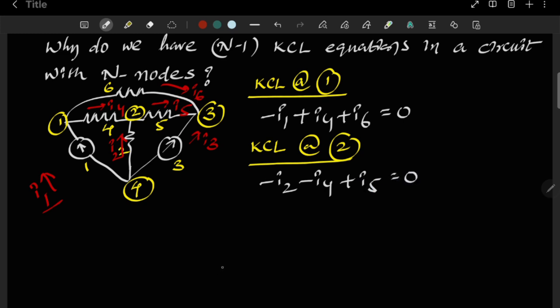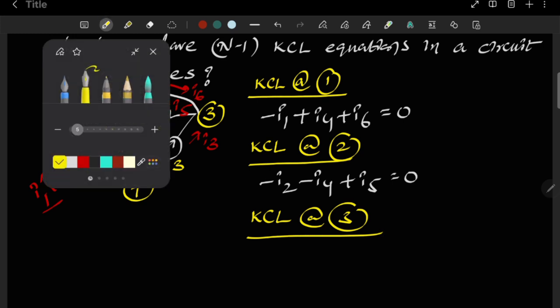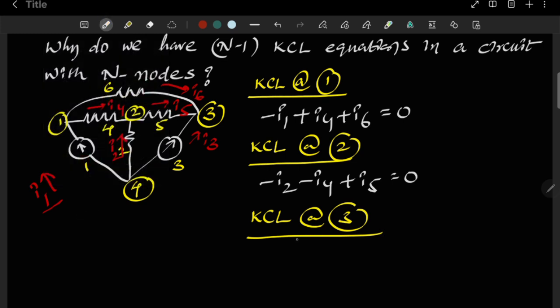Then KCL at node 3. At node 3 also 3 branches are involved, 2 resistors and 1 current source, and 3 currents. I3 is entering, so minus I3. I5 is also entering, so minus I5. I6 is also entering, so minus I6 is equal to 0.